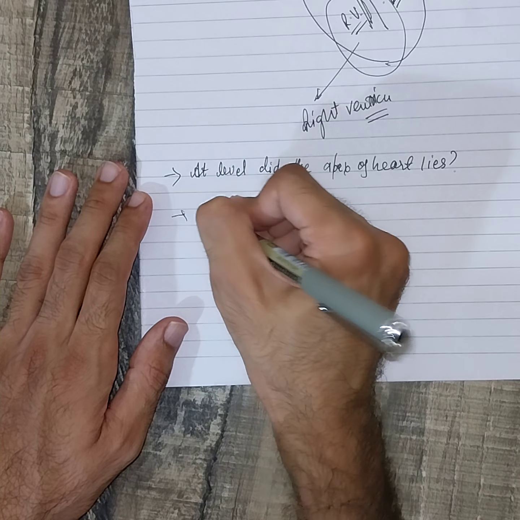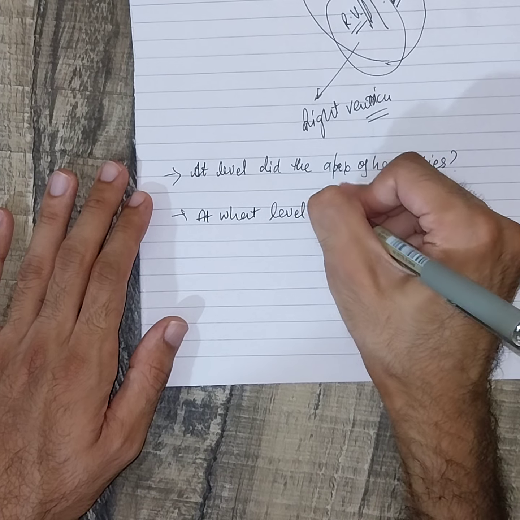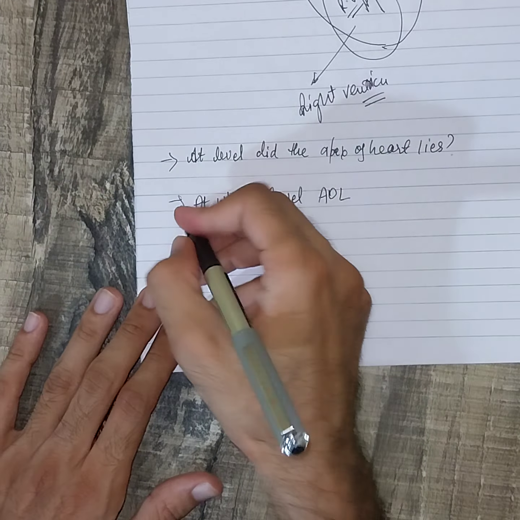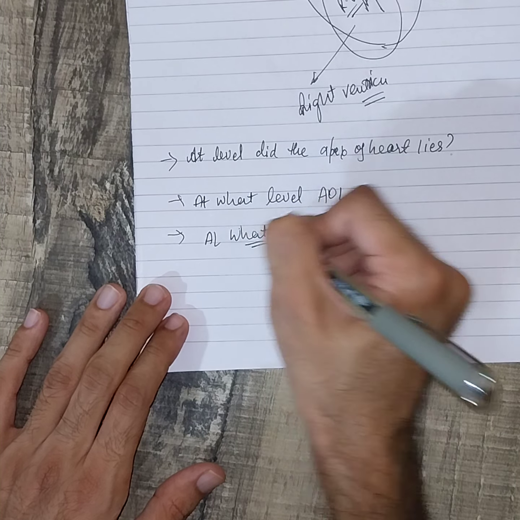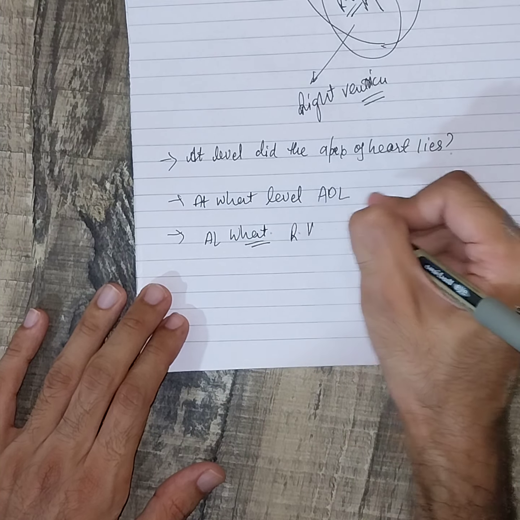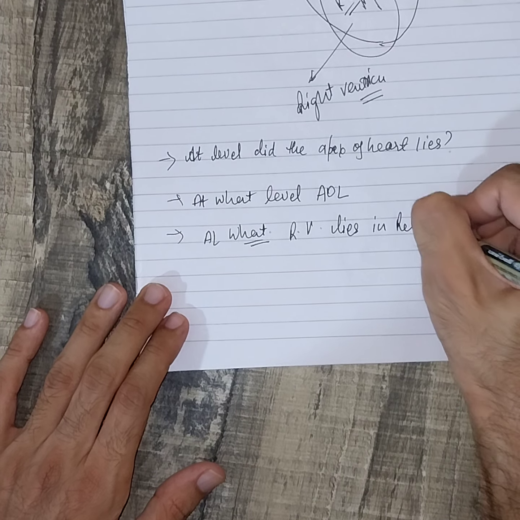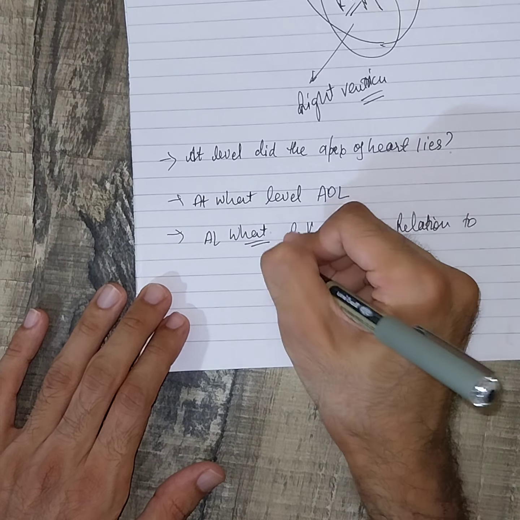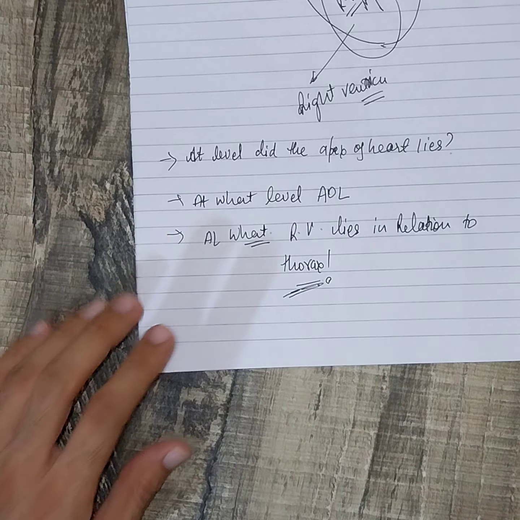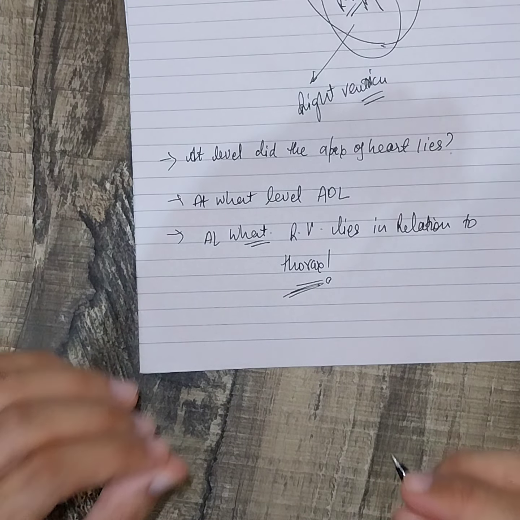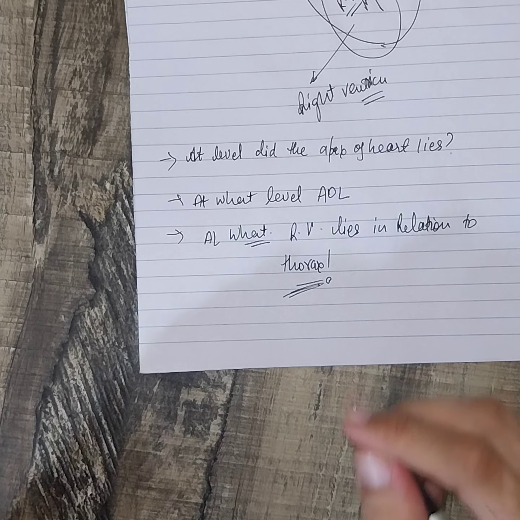At what level do you find the angle of Lewis, and at what level does your right ventricle lie in relation to the thorax? This is the major important point which is going to be asked in your questions, and you have to take precaution while dealing with this type of question.